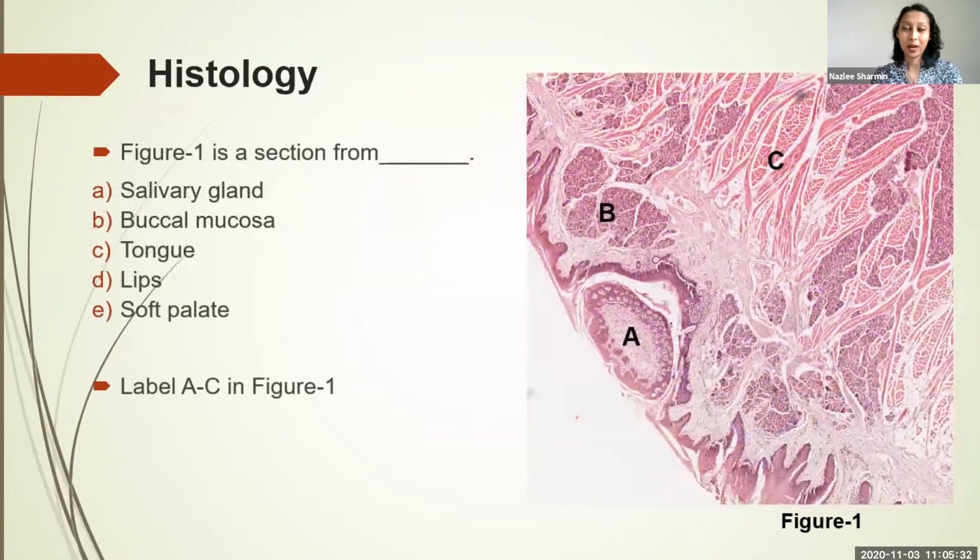Now, here is a question, but don't worry, you don't have to answer this question. I wanted to show you what type of question I ask my students in my oral histology class. So I normally ask the students to identify a histological section, and I also want them to identify the components within the structure. So for example, here I am showing you a section from the tongue.